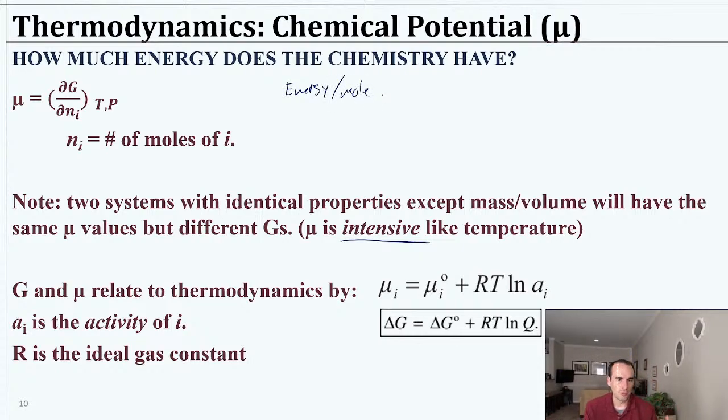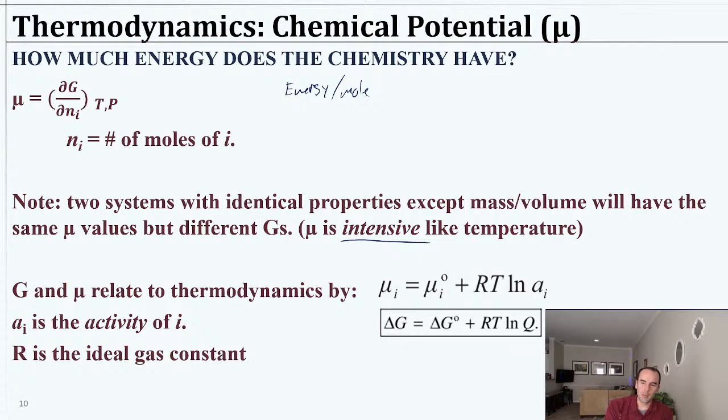So chemical potential then, if you have a system with many moles in it, of course it has a large total energy, but the energy per mole doesn't change. So that's perhaps a lot to say just to describe it. It's almost exactly the same thing as G, except G is more of a bulk term that will be larger with a larger system.